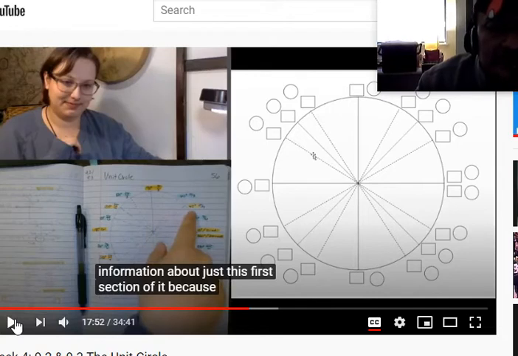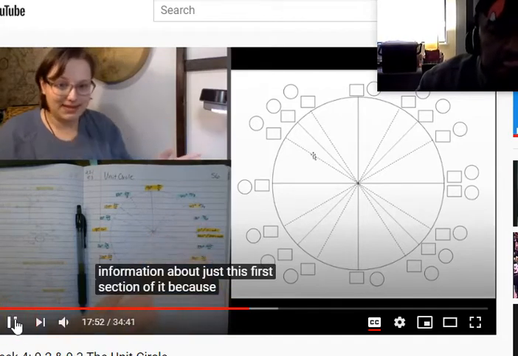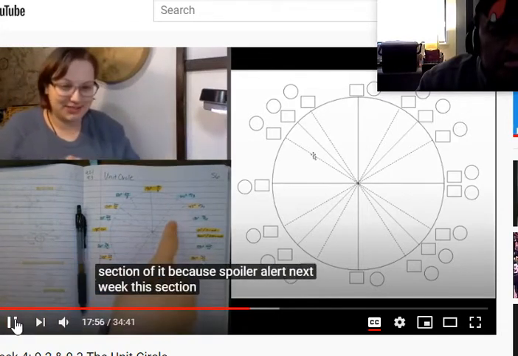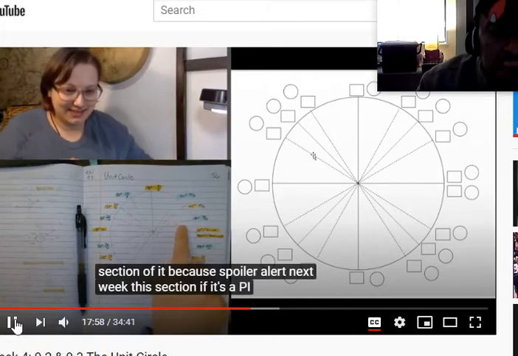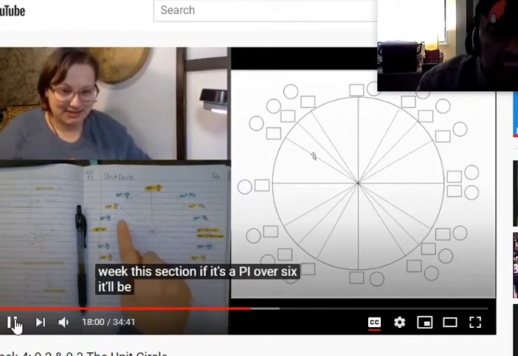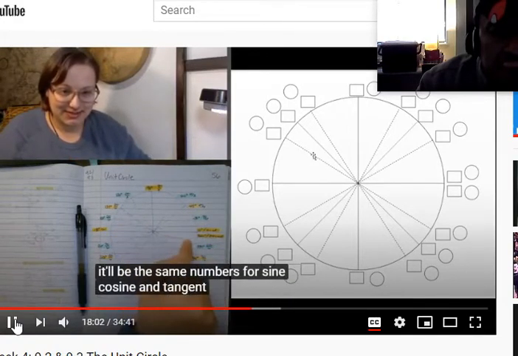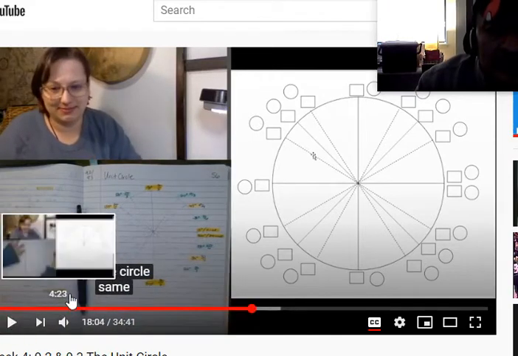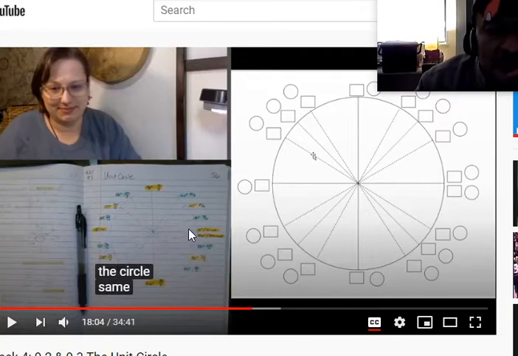Because, spoiler alert, next week, if it's a pi over 6, it'll be the same numbers for sine, cosine, and tangent all the way around the circle.